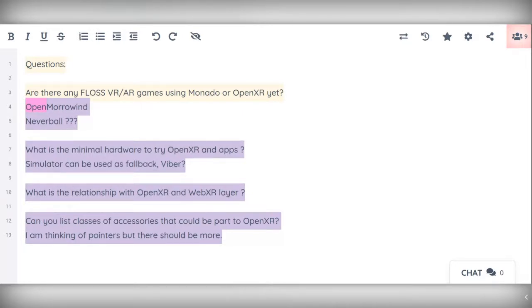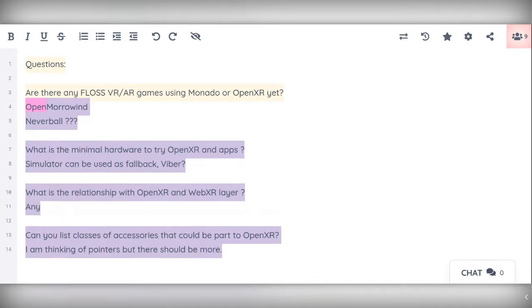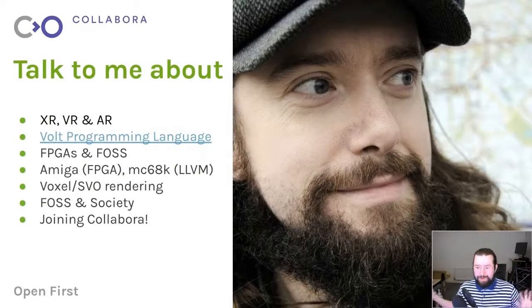Can you list classes of accessories that could be part of OpenXR? Sure. There's a whole bunch of them. As we expand the OpenXR API, and this is talking very high level, we would track more and more of the human body and more of the world. So any accessory that allows you to track, say, your hand, your face, or anything that can generate input.